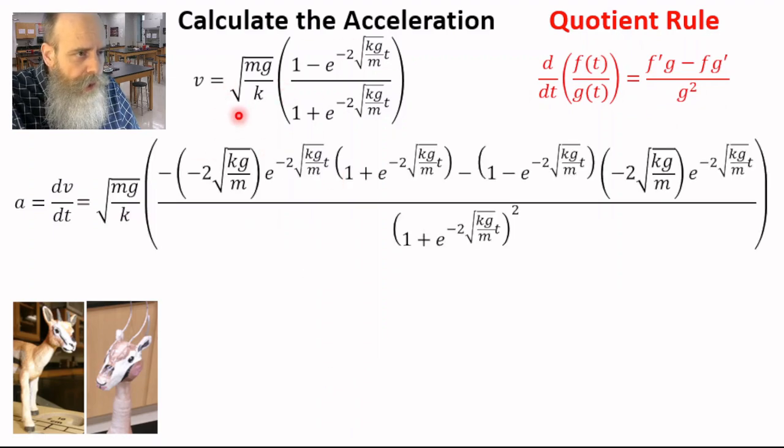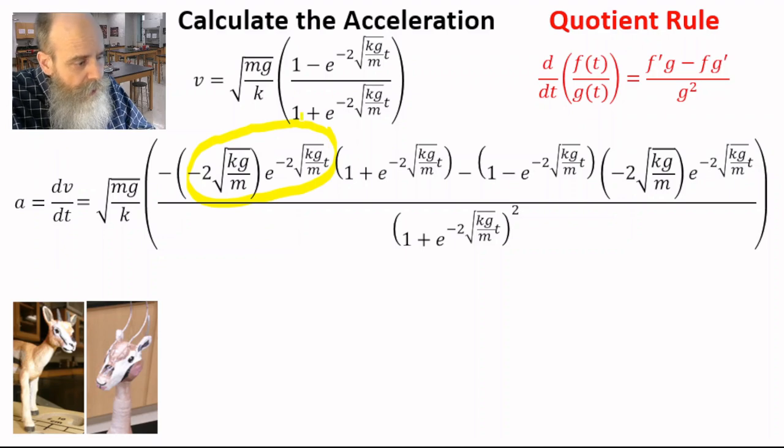First of all, we got the constant coming out in front, square root mg over k. Then here we squared the g. So this is the g, and we squared it and put it here. Now here, this is df by dt.